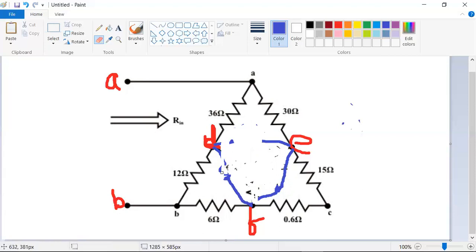Let me redraw the circuit clearly, then we can understand. So when I am finding this, let me add this resistor.